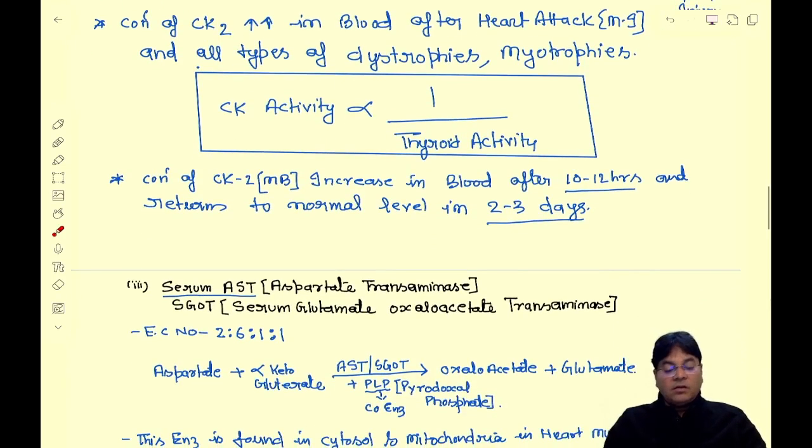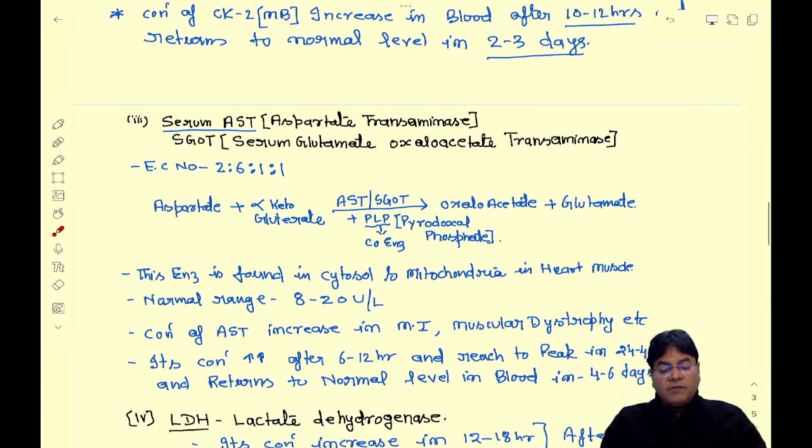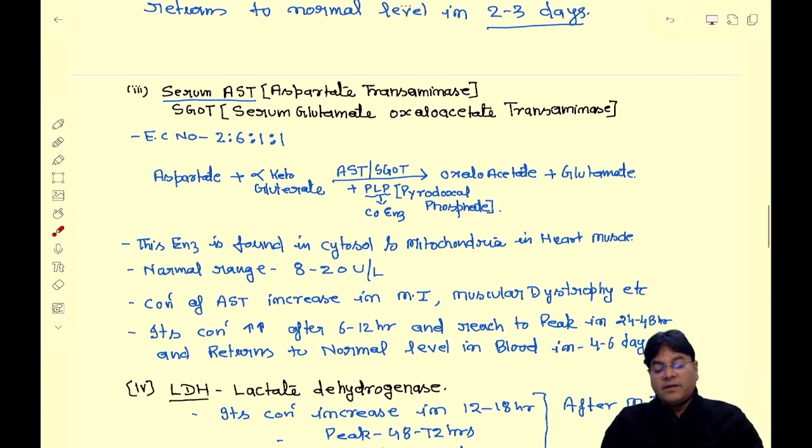Now, if we have a quick look at the concentration increase and fall to the normal level, CK2MB increases in the blood after 10 to 12 hours, and it returns to the normal level after 2 to 3 hours.